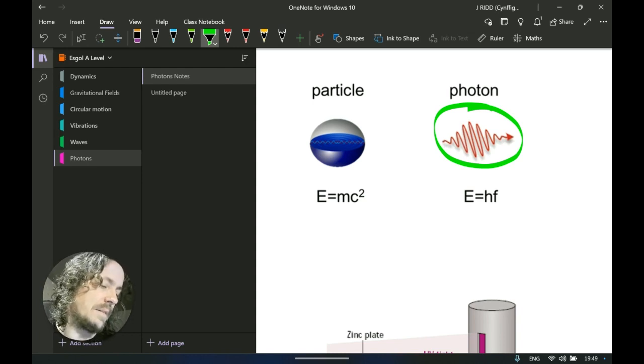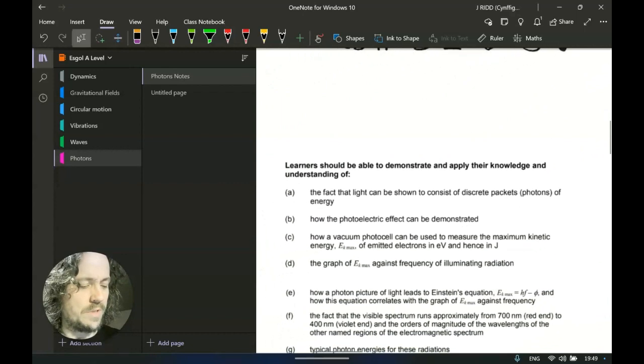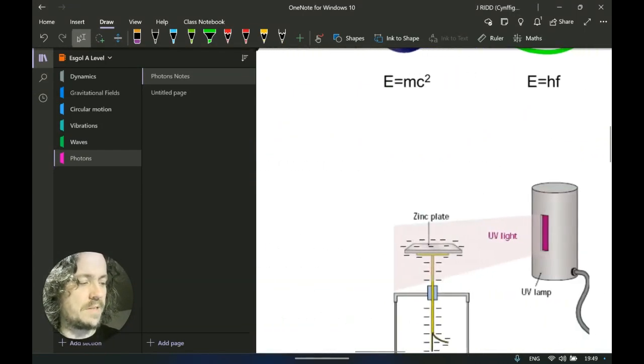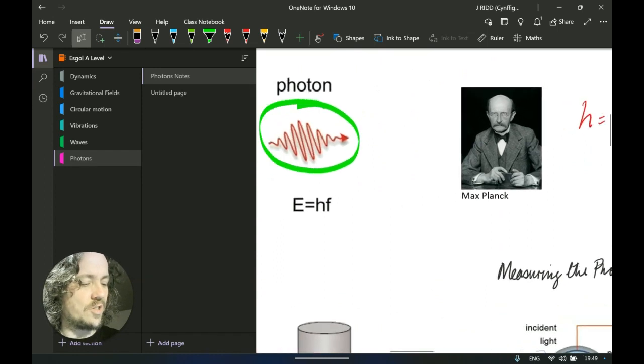It's not perfect, but you can think of it a bit like that image, like a little concentrated packet of a wave, and that will do just fine. I don't think we need to go into any more detail on that. But it's not, as I say, a concept that's easily understood.